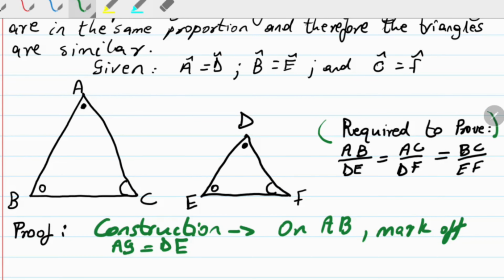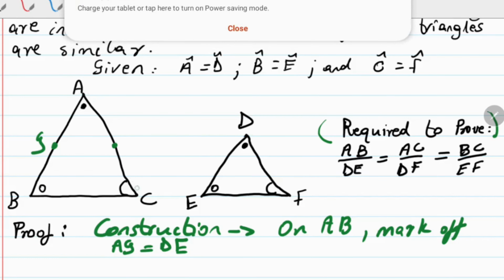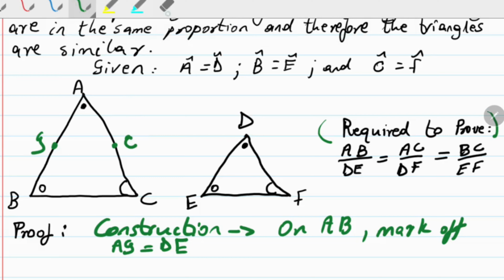So we are going to have a G in the middle of side AB, and then an H on side AC.